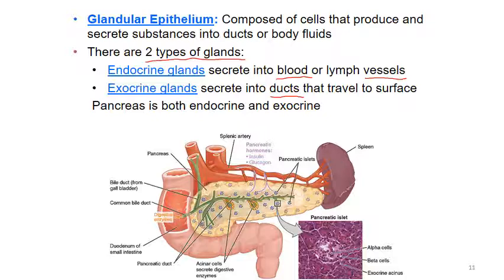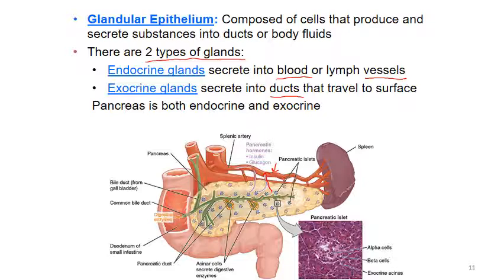Pancreas is an exception. Pancreas is both endocrine and exocrine because pancreas makes insulin and glucagon. Those are the two hormones that it makes. Then those hormones are put into the blood vessels that are around the pancreas. So because those products are sent to the blood vessels, that's called its endocrine function.